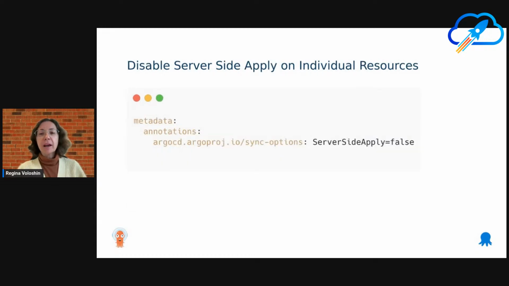Disable server-side apply on individual resources. So a quick recap, what is the server-side apply? Server-side apply is actually a native feature of Kubernetes that helps with better declarative resource updates, and it also helps to resolve conflicts on resources when those resources were updated in the cluster.